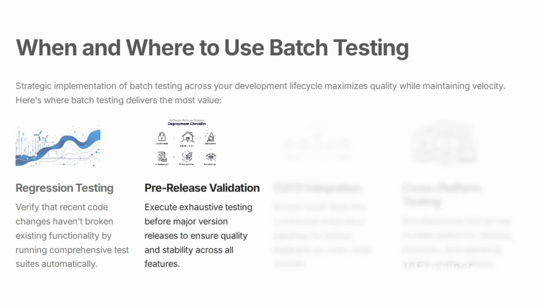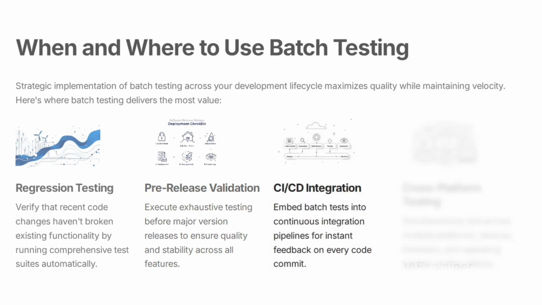Another is pre-release. Suppose we want to release some version suddenly. For that we have to execute test cases and check our functionality, code functionalities and UAT cases. We need to check all these things suddenly, and at that time we need to trigger batch testing.